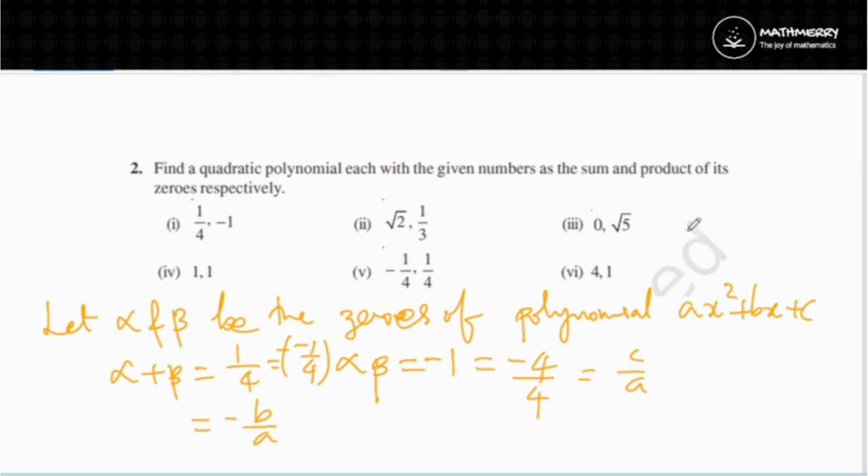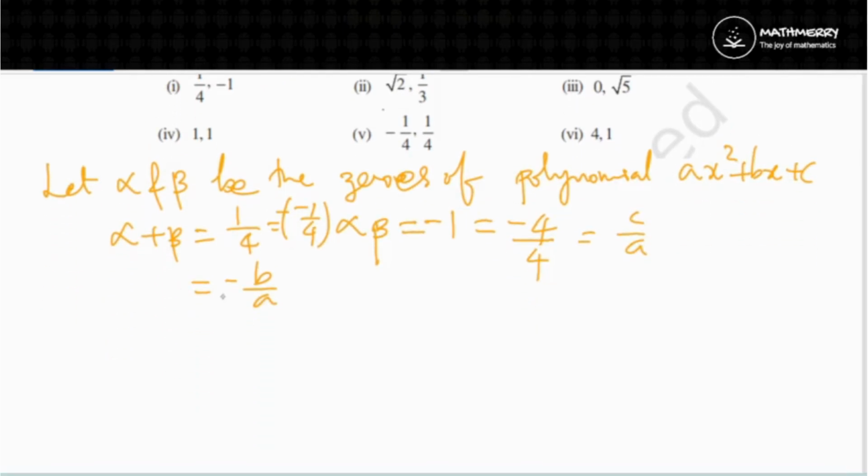So this will give us c by a. So from this what we got? We got the b as minus 1, a is 4 and c as minus 4. So using this we can form an equation.